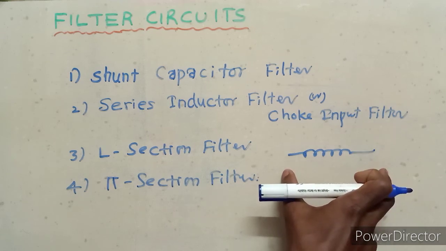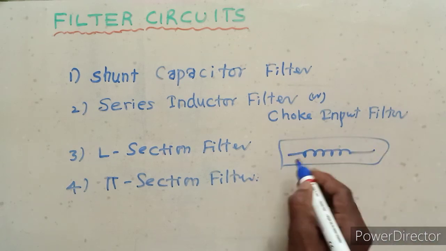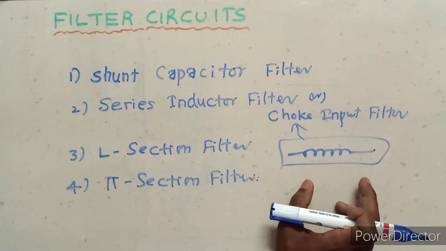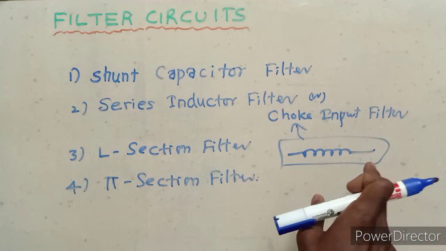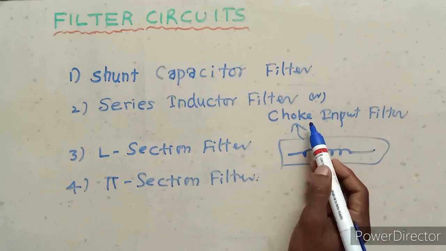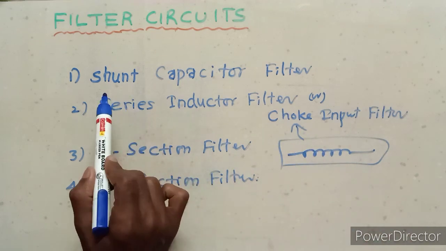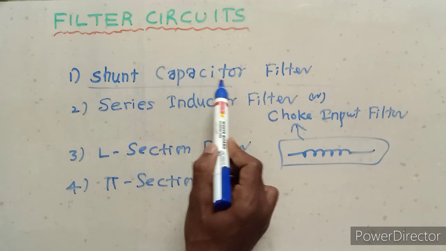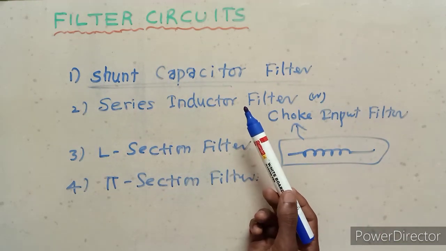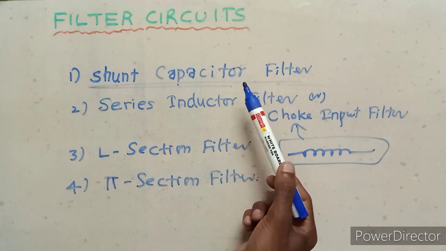The inductance used in filter circuits is also called a choke. Shunt filter means shunt capacitor filter. A capacitor is connected in parallel.